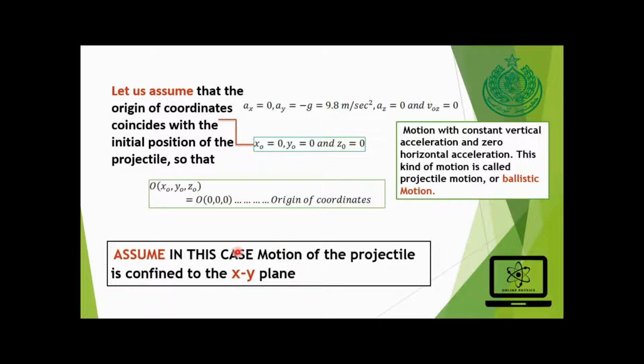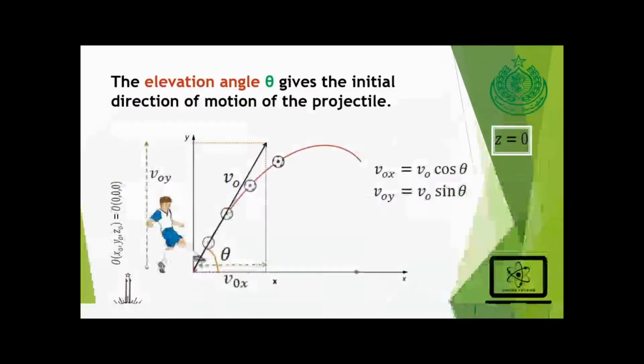Let us further choose the origin of our coordinate system to be the point at which the projectile begins its flight. For example, in this figure, the origin is the point at which the ball leaves the thrower's hand.